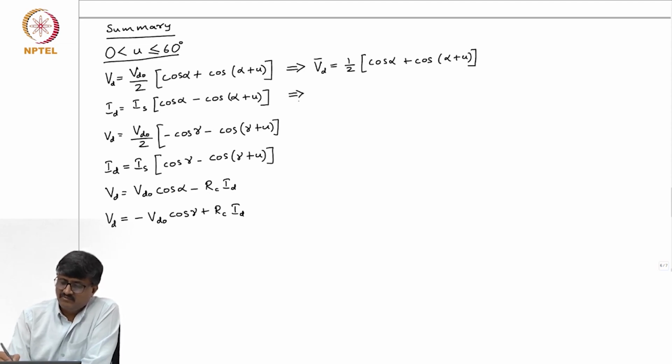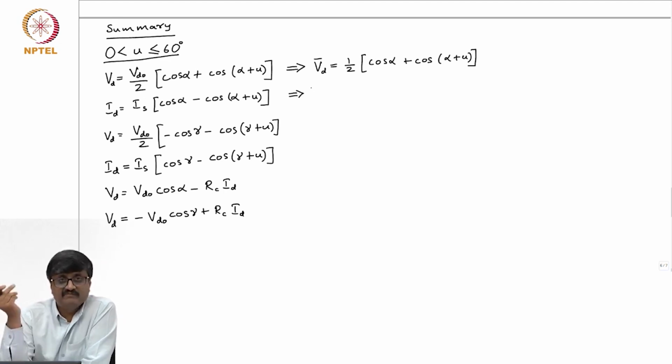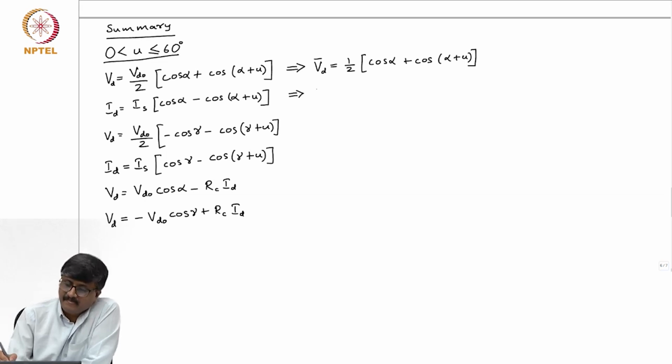I can do the normalization of current also. If I take the second equation and divide both sides by 2Is, then ID by 2Is is nothing but ID bar on the left hand side. On the right hand side, I get 1 by 2 (cos alpha minus cos alpha plus u).